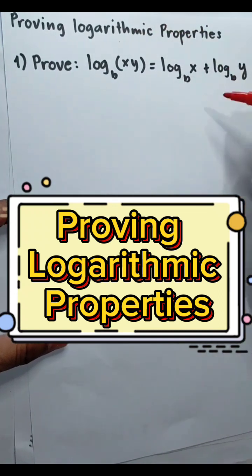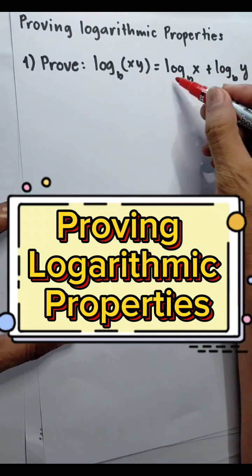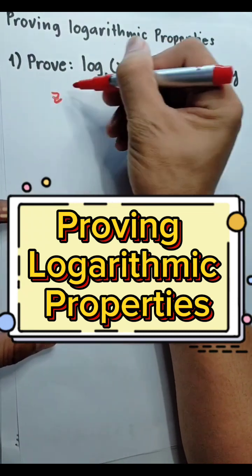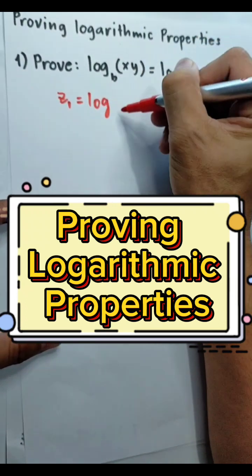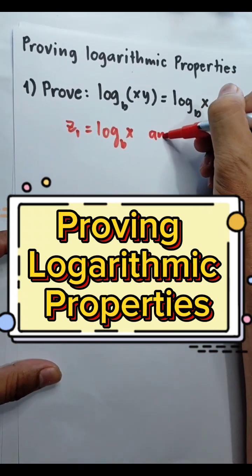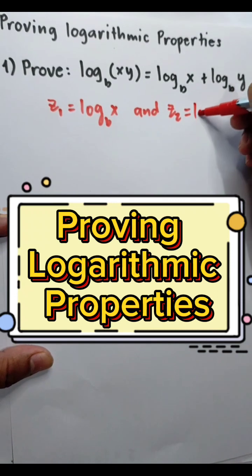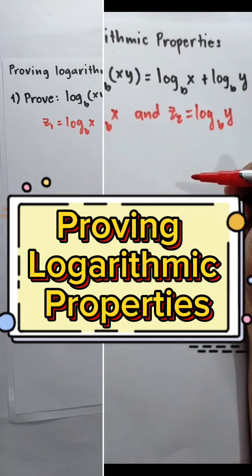The first thing we do is let each term of the right hand side be, say, z sub 1 equal to log base b of x, and let z sub 2 equal log base b of y.